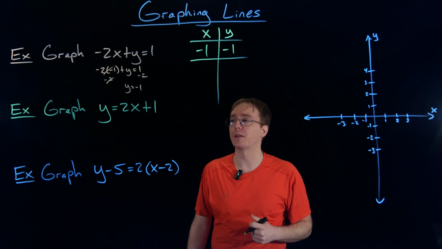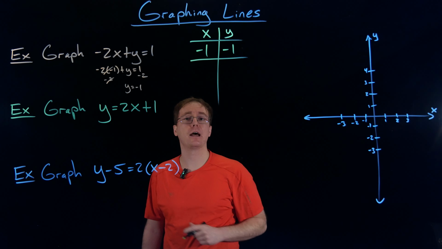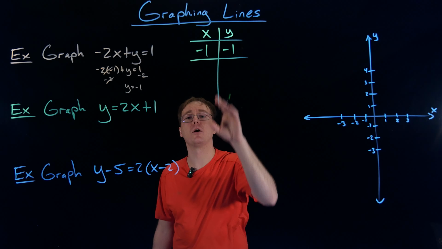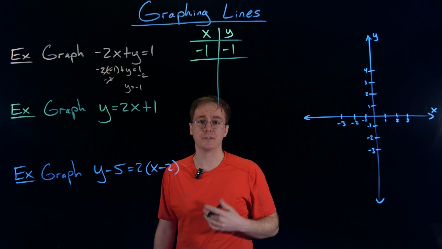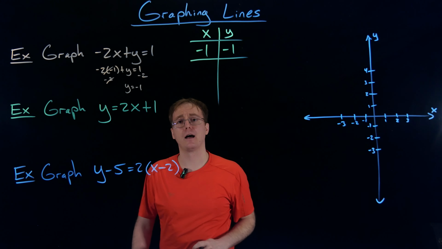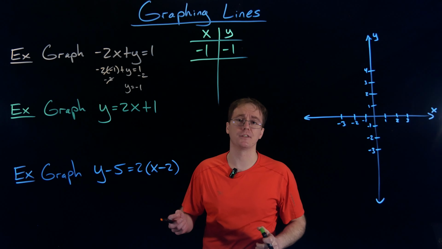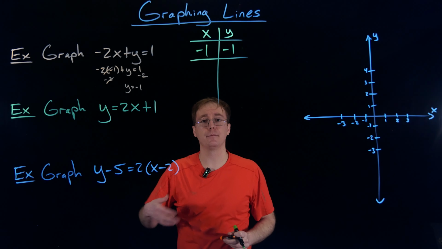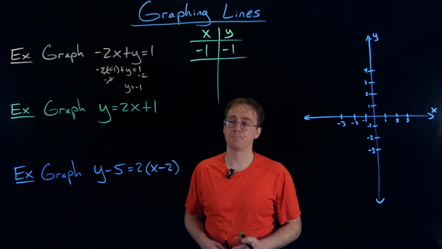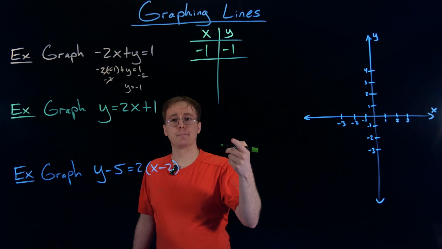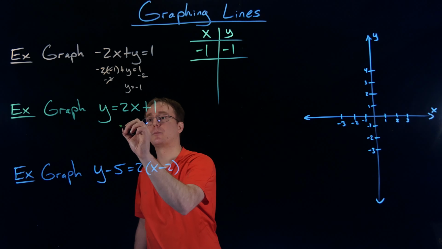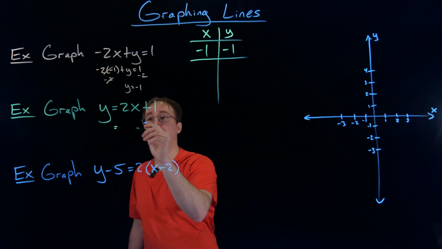Before we actually plot our point, though, let's look at our other equations and see that this point will also satisfy those equations and therefore be on the lines represented by these equations. We're going to see that these lines are all the same, just represented slightly differently. If we go through the same process that we used for our first equation, what we want to do is plug negative 1 in for x.